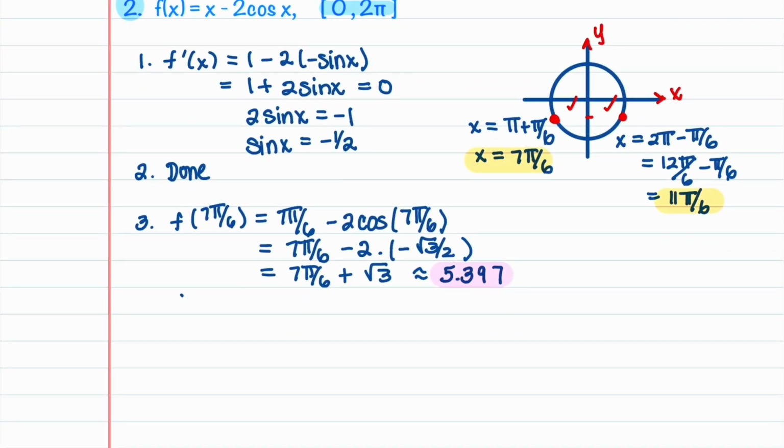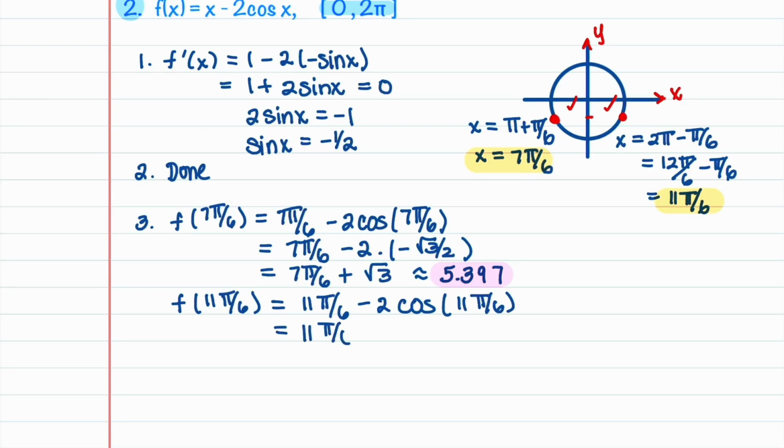Now let's do our other critical number. Let's find f at 11 pi over 6. So this is 11 pi over 6 minus 2 cosine 11 pi over 6. Hang with me. I know this is hard, but we can do this.